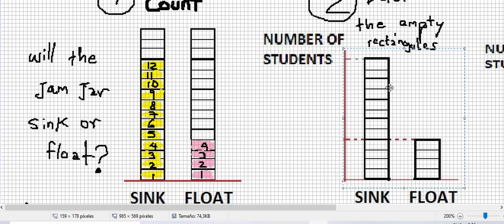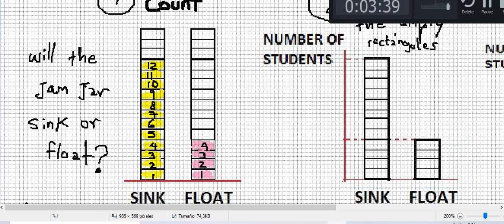And now you have only the colored rectangles. If you prefer, you can color again every one of those rectangles. I'm using yellow color and continue. You have now 2, 3, 4, 5, 6, 7, 8, 9, 10, 11, 12.